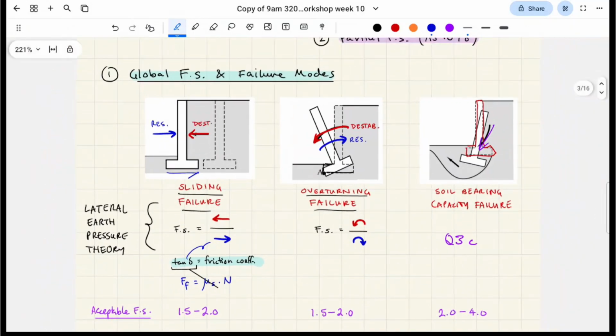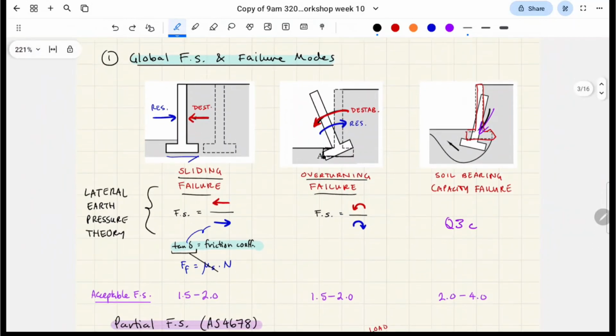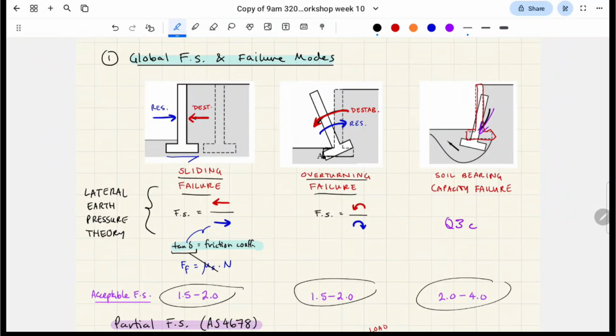And the factor of safety is just our disturbing forces or moments over our resisting forces or moments. Okay. Cool. One more thing to note is that in the questions it'll say, is this an acceptable global factor of safety?